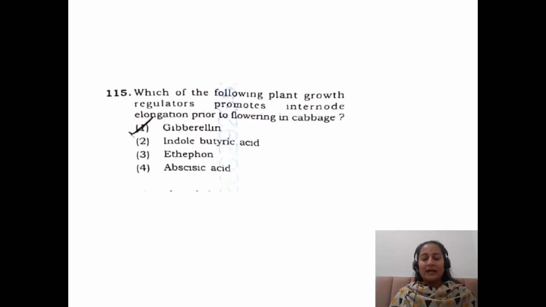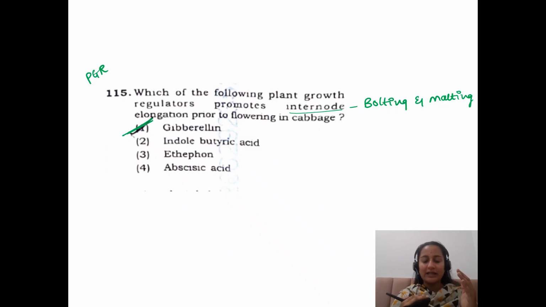Which of the following plant growth regulators promote the internode elongation prior to flowering in cabbage? Wherever the internodal elongation comes, that is bolting. Bolting and malting are the processes we discuss under gibberellic acid. So this question is from PGR. Whenever the internode length is elongated, then the whole plant will grow.